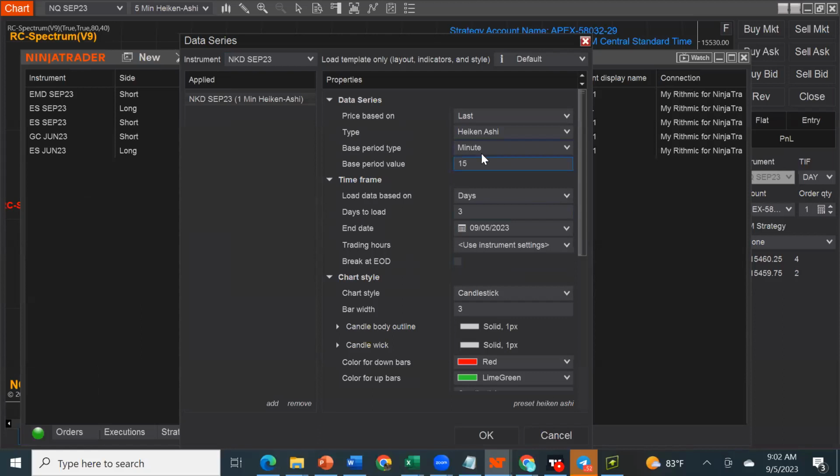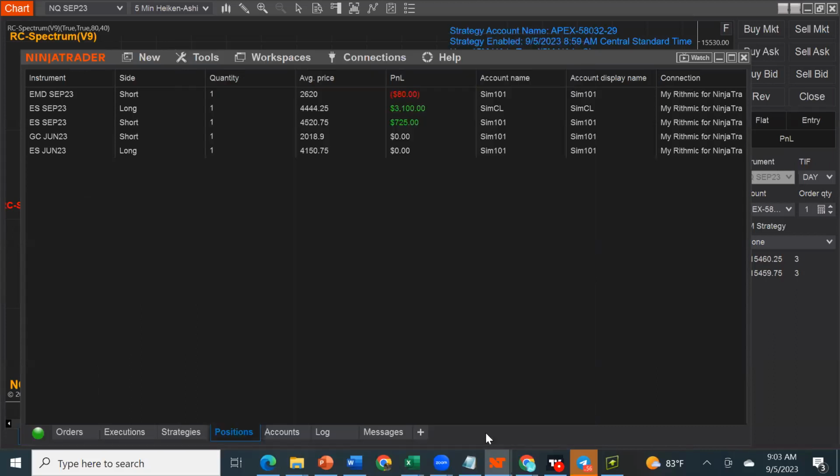If it is before a holiday or if some major event is there, generally I'll select 5 minutes during the market time. If it is a non-US market, generally we can always select 5 minutes. But if it is the US market and there is a good amount of volume, we can select 15. And once we do that, just say okay.